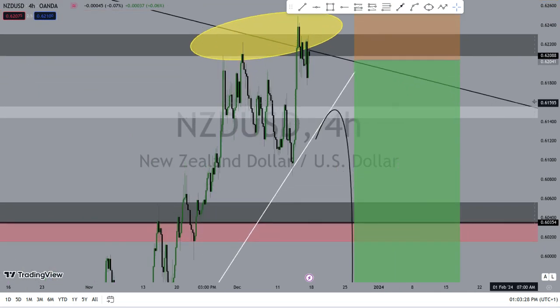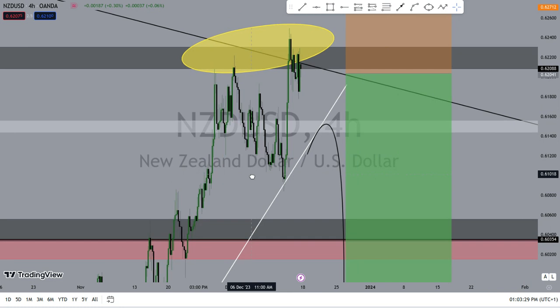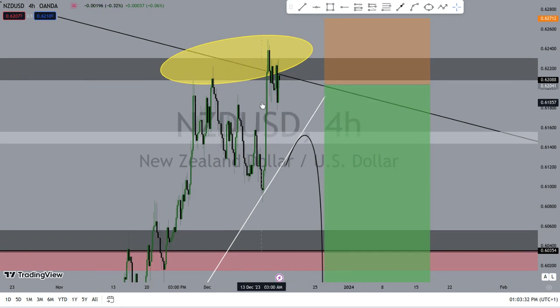Looking at this, you can see price respected this level, came and traded below it, touched below this countdown trend line, and then went above it. And now it has respected this strong trend line on the daily chart with multiple rejections on the 4 hour time frame.